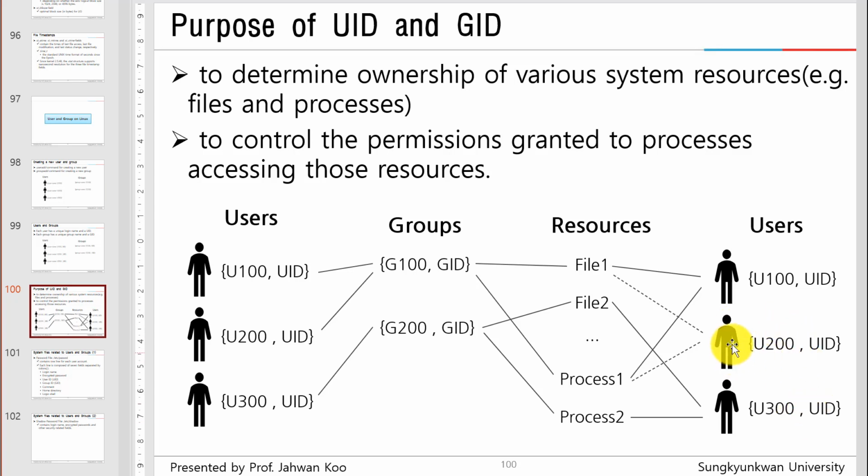User U200 can access to file 1 and process 1. What is the reason? Because user U200 belongs to group G100. So U200 can access to file 1 and process 1 with group permission.